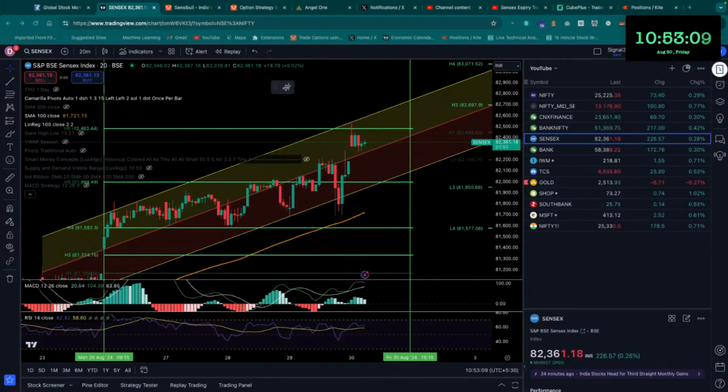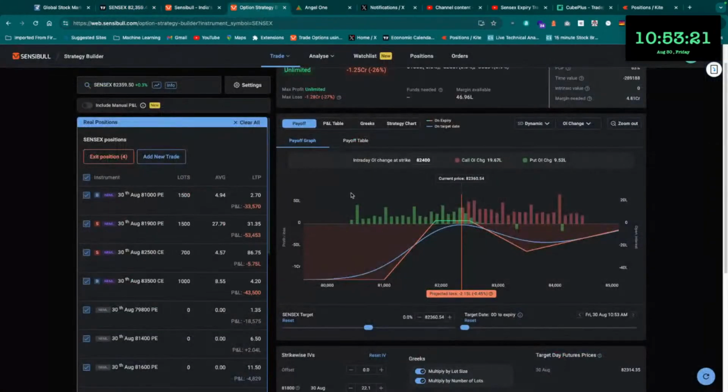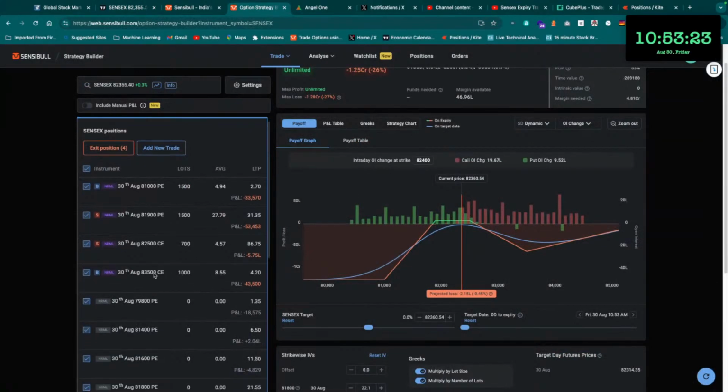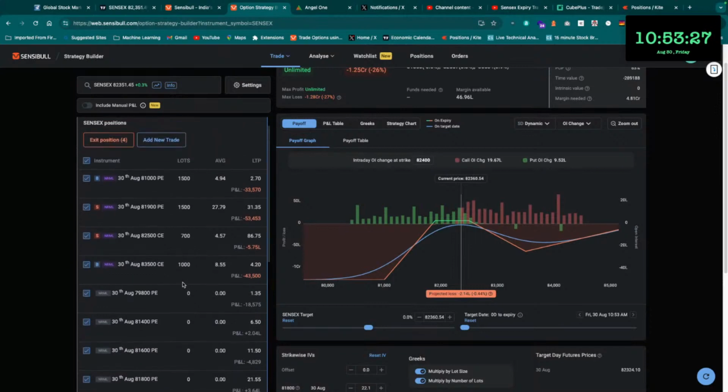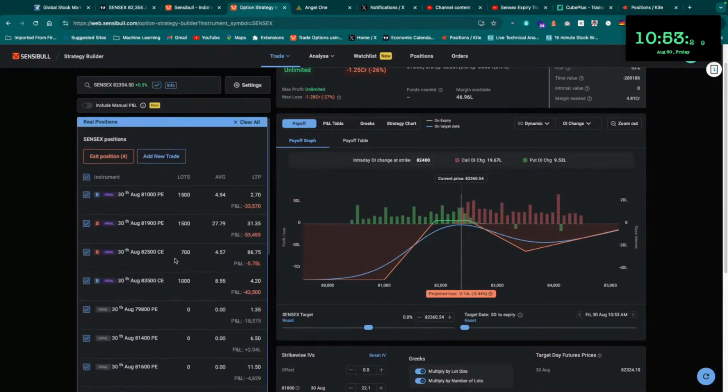This is for 82,500 CE. For PE, I do not have any stop loss.